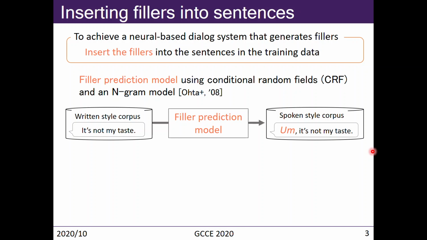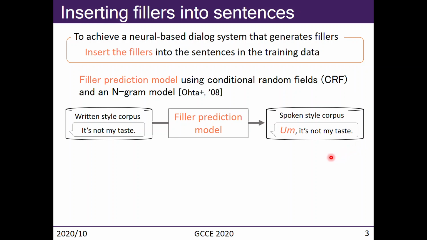A filler prediction model based on conditional random fields and an n-gram model has been proposed so far. This model inserts fillers into the input sentence. By inserting fillers into a written style corpus, we can expect to transform it into a spoken style.